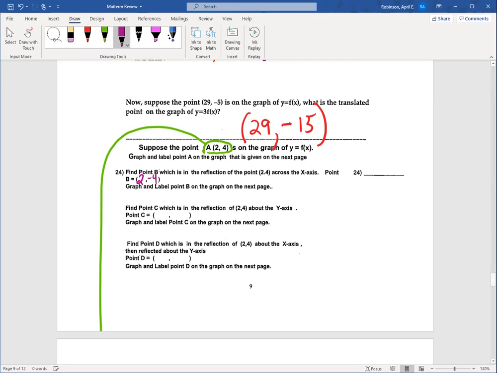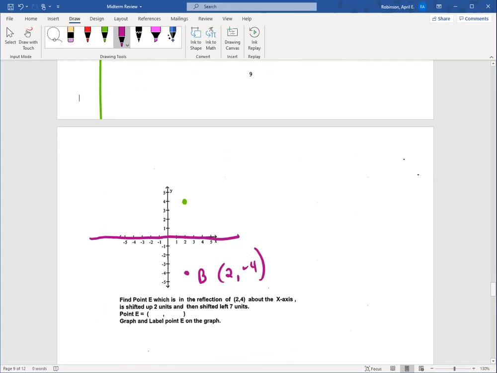Graph and label point B. Then it says find point C, which is the reflection of 2, 4 about the y-axis. Okay, so if you were to fold this along the y-axis, fold it this way, then it's 2 to the right, it's going to be 2 to the left. It'll be right here. This is point C. So now that's -2, +4.